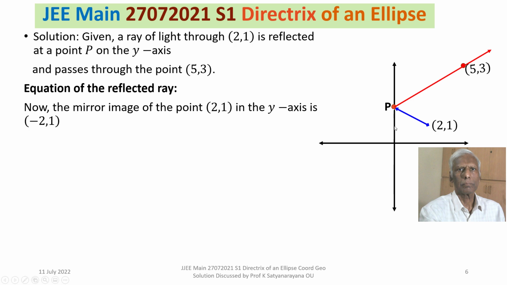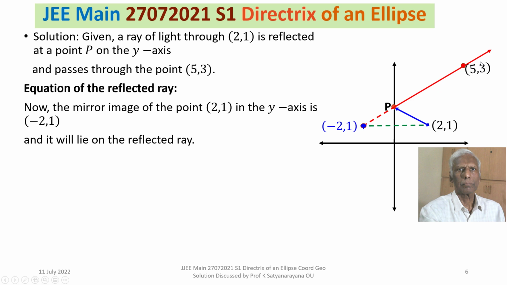The mirror image of the point (2, 1) in the y-axis is (-2, 1), and this (-2, 1) lies on the reflected ray, which is extended.